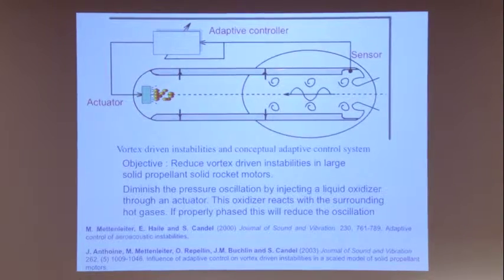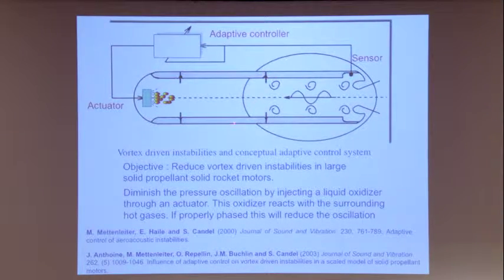The rocket engines, solid propellant rocket engines of very large size contain baffles. You see the segment of propellant is separated by baffles, and behind the baffles there is vortex shedding because these baffles protrude in the flow.